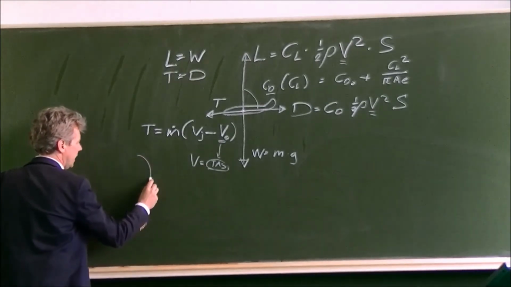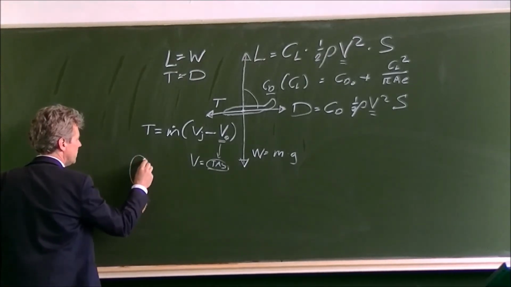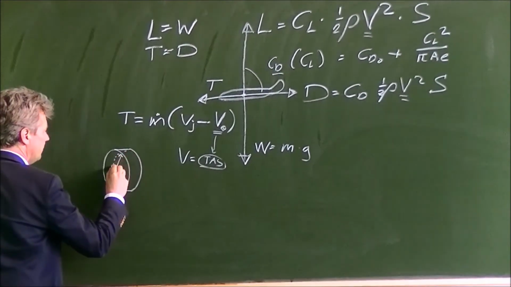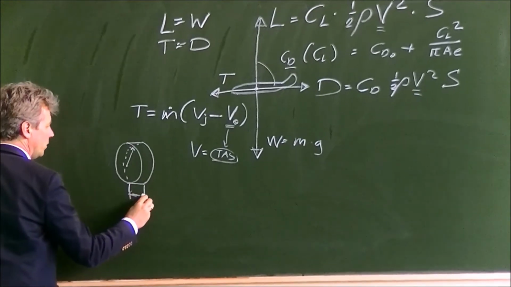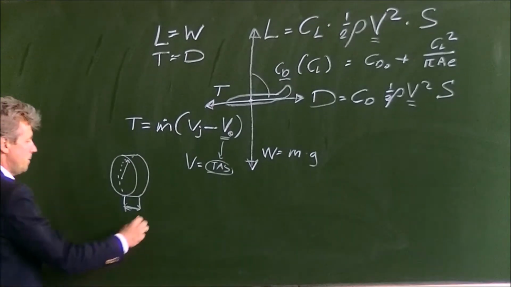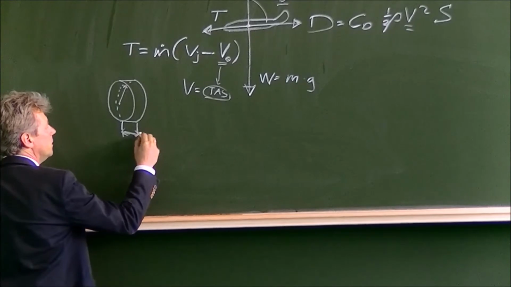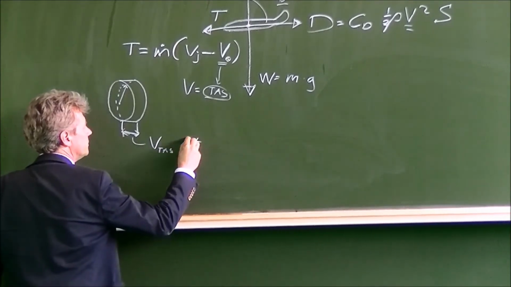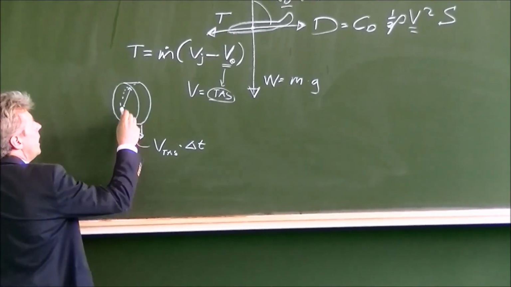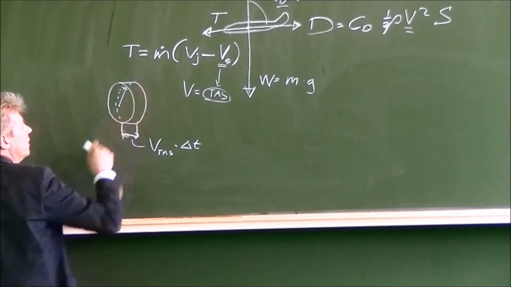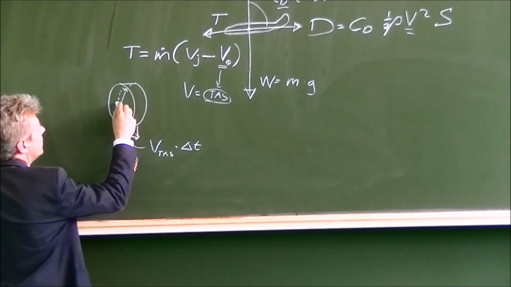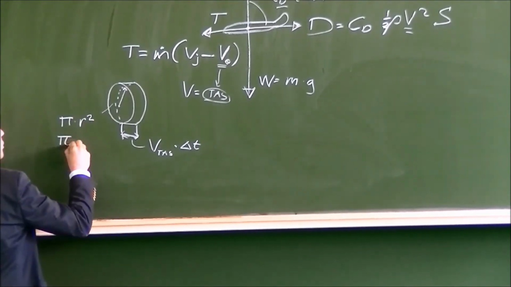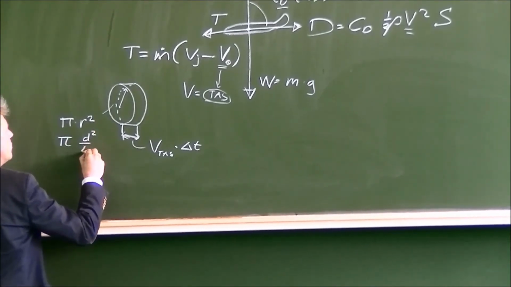So imagine that we have a certain engine inlet, this shape with a radius, and this inhales air, and for a certain amount of time the thickness of the cylinder of air that will enter the engine is given by the true airspeed times the time step, delta T. And of course, if we want to know the mass flow, we can first see the volume of this disk, which is then the area here, which is pi times r squared, or if we have the diameter, we can also say d squared divided by 4.